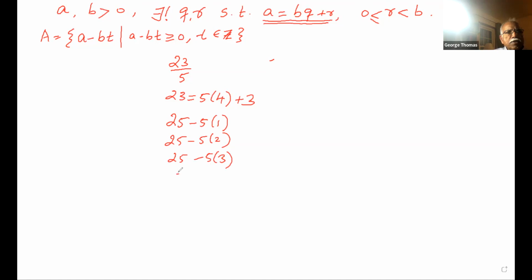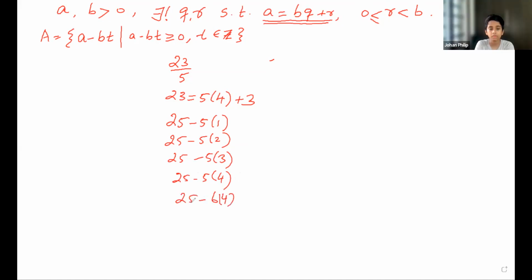No. Keep going, subtract four 5s. That gives you 3. Can we subtract one more? No. If we insist that all of these are bigger than or equal to 0, we cannot do that, right?